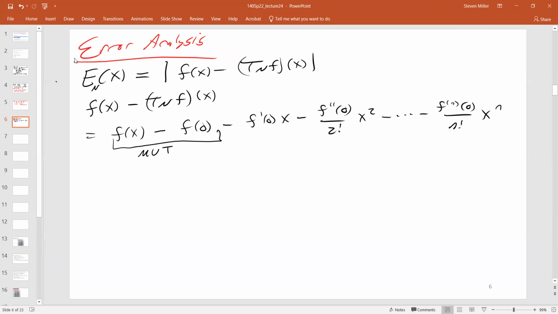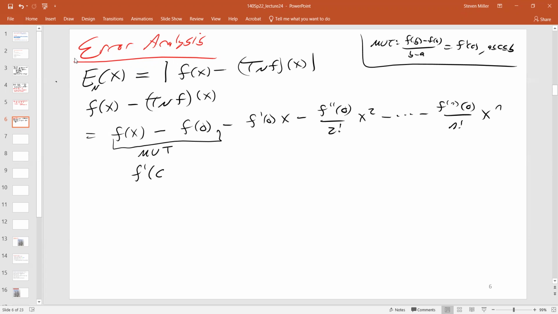So normally we would say the mean value theorem: f of b minus f of a over b minus a equals f prime of c, with a less than or equal to c less than or equal to b. Because we have f of x minus f of 0, we're multiplying both sides by b minus a. So this is going to just be f prime at some point.